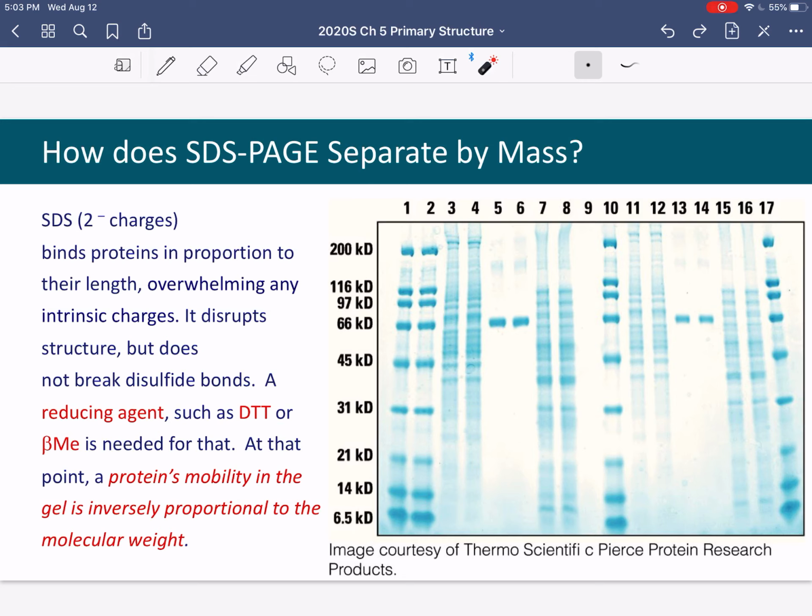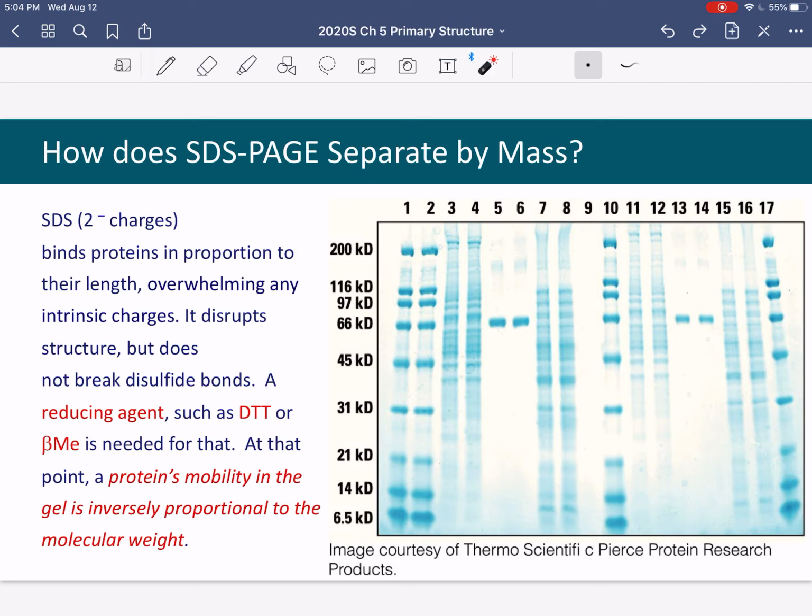Now in this case, in the gel, there's a semi-solid rectangle here that forms a plane of very thin depth, and that has the texture of jello. And the gel is actually like a mesh layer that traps those linear polypeptides.